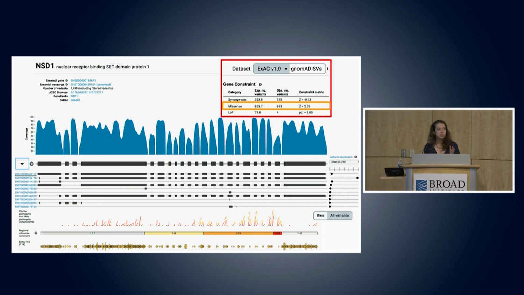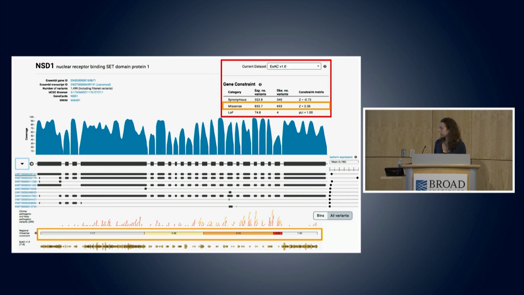Missense variants that fall in one domain or region of the protein might be deleterious, and in another region they might be totally fine. So Caitlin developed a metric looking at regional missense constraint. For example, right here, this region has only 4% of expected missense variation, while this region over here has 117% of expected. So if you had a missense variant here in a patient, you'd be much more interested in it.